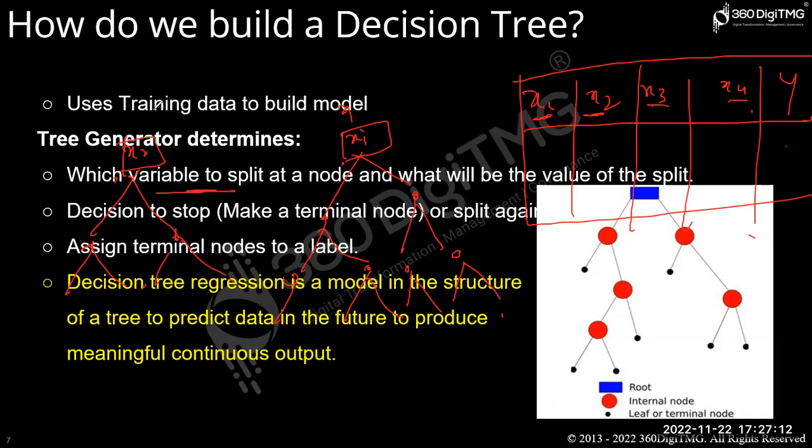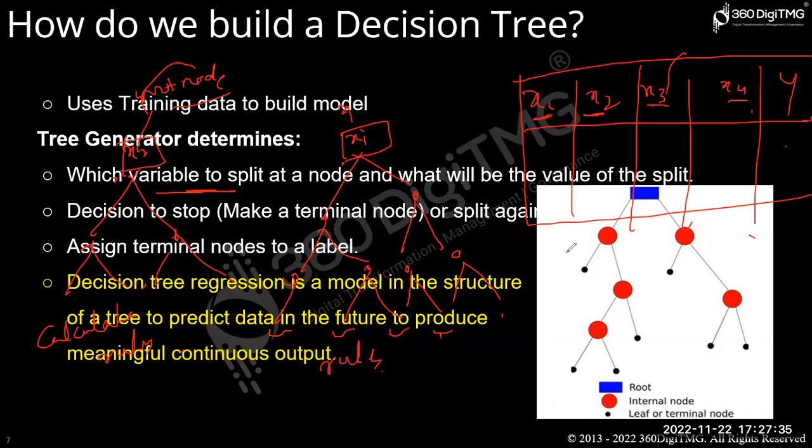We'll take x2 as a root node, and then we'll start splitting. Once it is done, we'll be calculating how many rules we have formed. Rules means how many terminal nodes we'll be having.